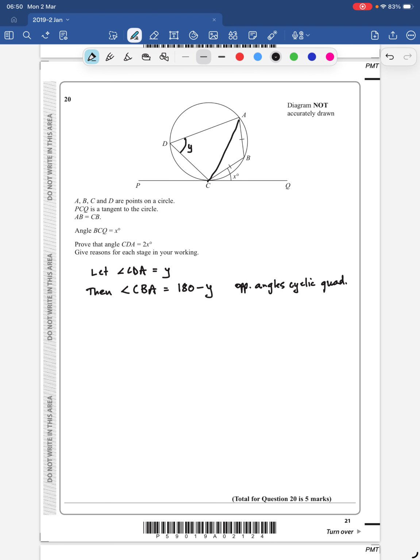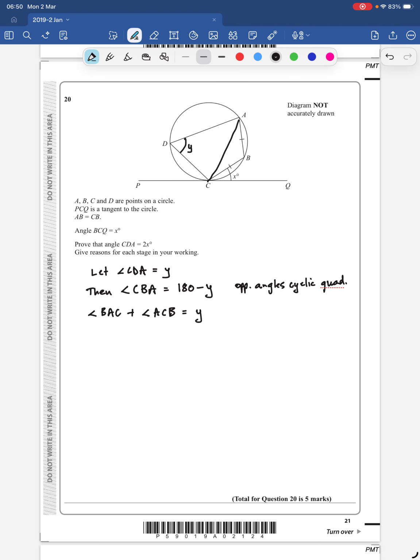I'm going to say angle BAC plus angle ACB equal y.